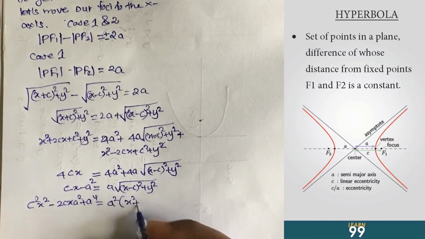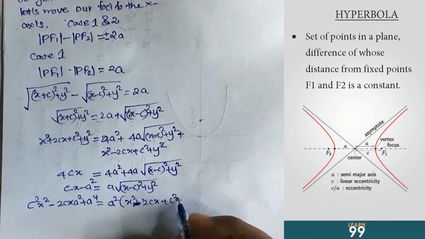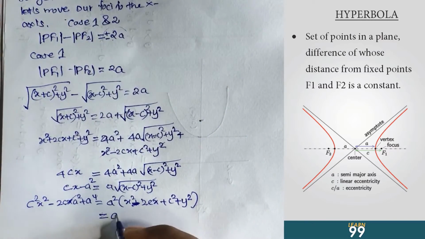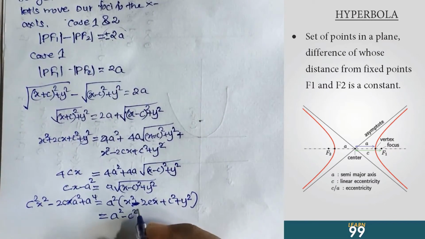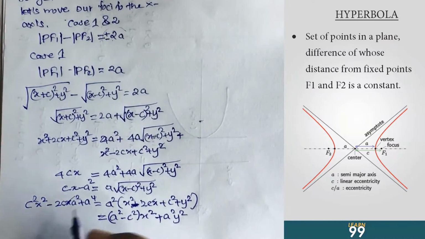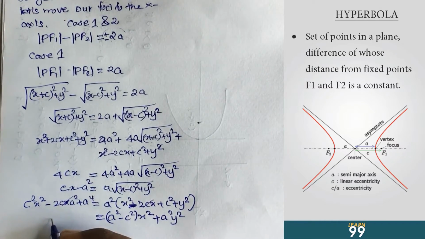We will get simply like this. Here you can see most of the elements can be factorized. Also it seems like an ellipse equation, but it is not.